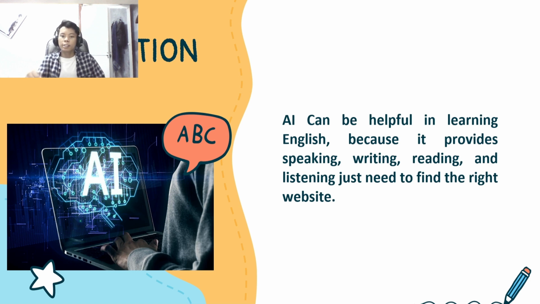You just need to find the right website, for example, Duolingo, Talk for AI, and Grammarly. You can use it by yourself after this. And then ChatGPT. If you use it properly, it is really helpful to learn English.